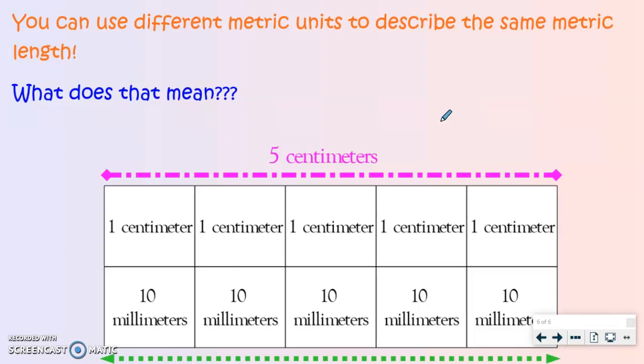Find something around your house, not too big obviously, because I want you to measure it in centimeters. You're going to upload a picture on your Dojo, and tell me the length or the width, you can choose, of the object in centimeters. So you're going to be using the metric system.